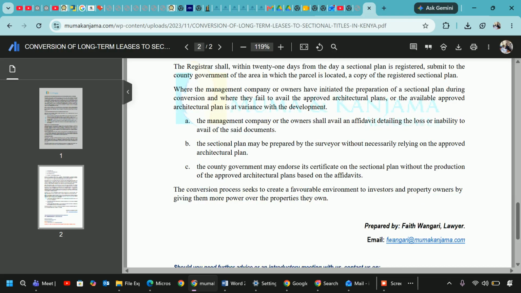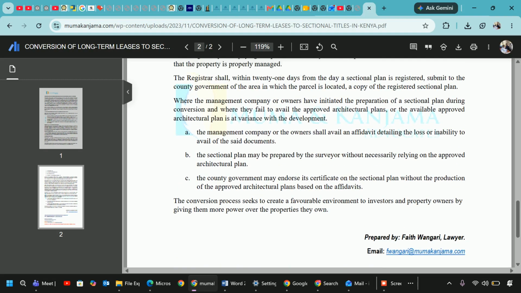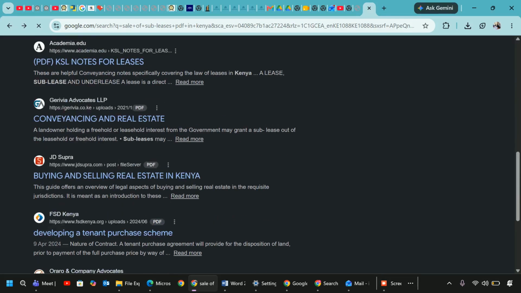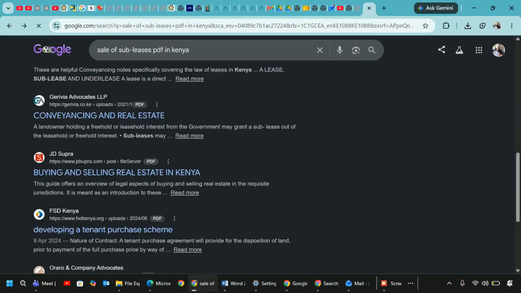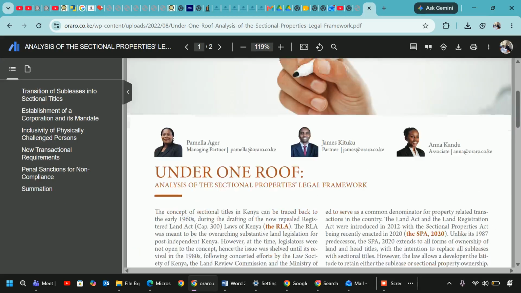And the conversion process seeks to create a favorable environment to investors and property owners by giving them more power over the properties they own. And that was the procedure for conversion of long-term leases under two sectional properties units.